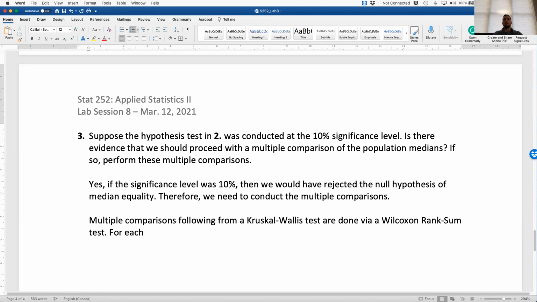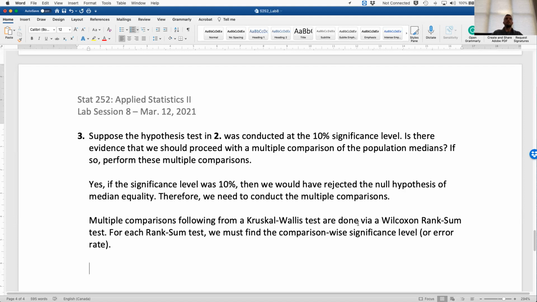For each rank-sum test, we must find the comparison-wise significance level or error rate.